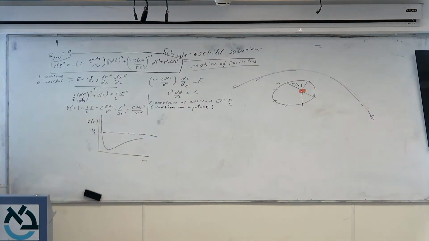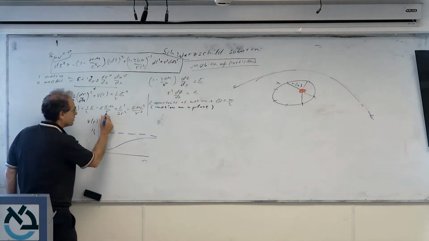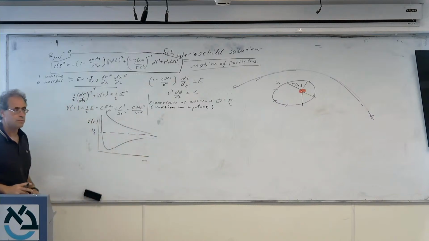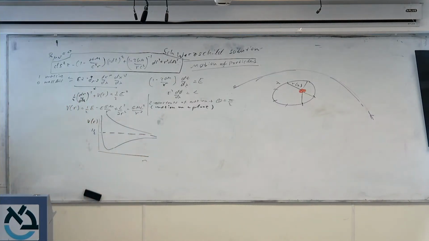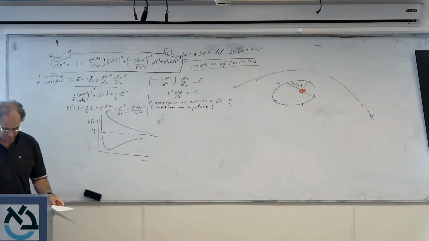If L is small enough, it goes like this; if L is large enough, it can go like that. And those are the types of trajectories we have for the Newtonian case.